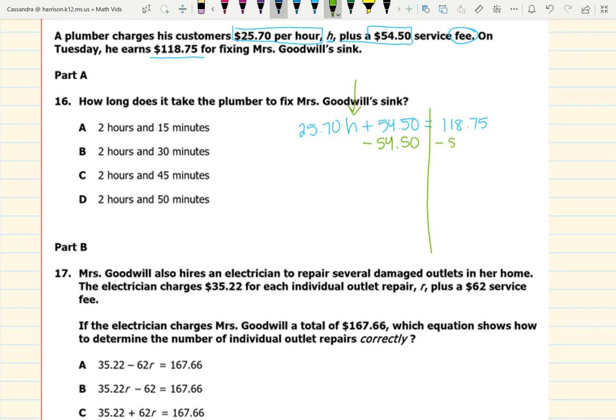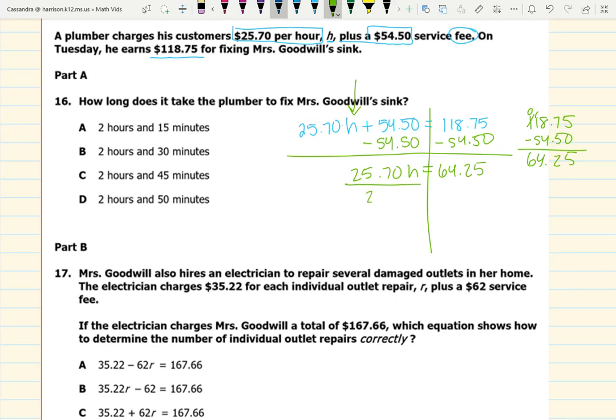So let's get rid of the service fee, which means in terms of her hourly $25.70 per hour rate, she made $118.75 minus $54.50. $64.25. And then I divide by 25.70.